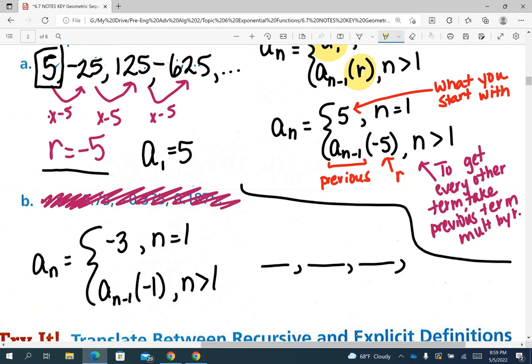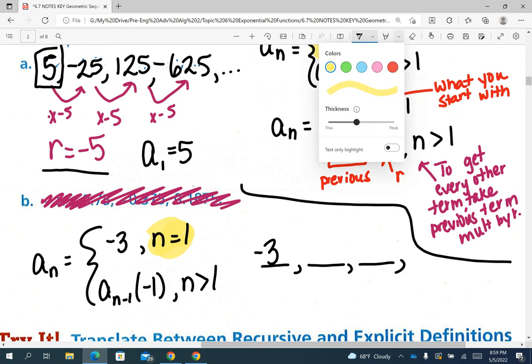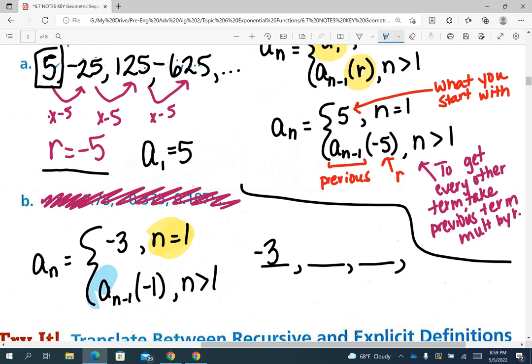Well, I'm told that if n equals 1, which would mean the first term, my first term is -3. So I know my first term, -3. Then it says to get every term after that, you take the term before it and multiply it by -1.